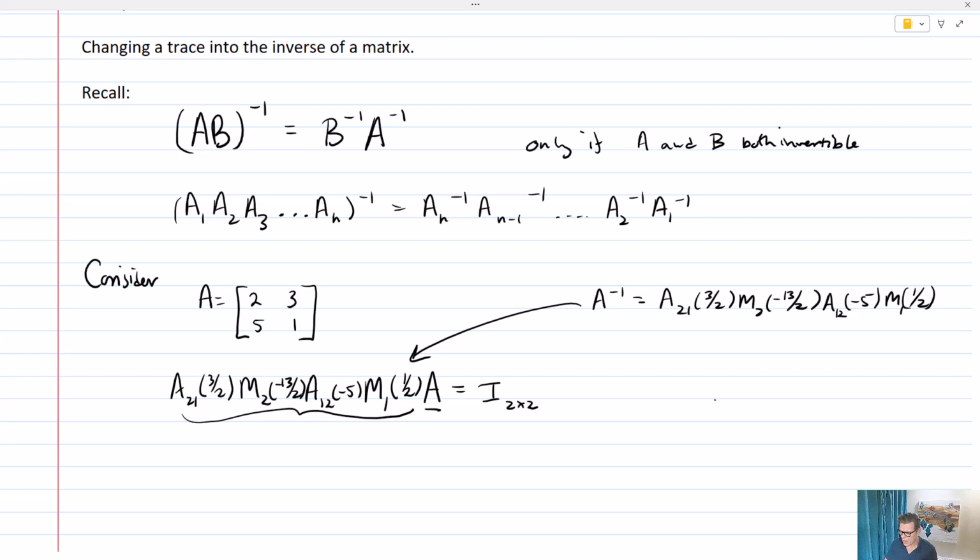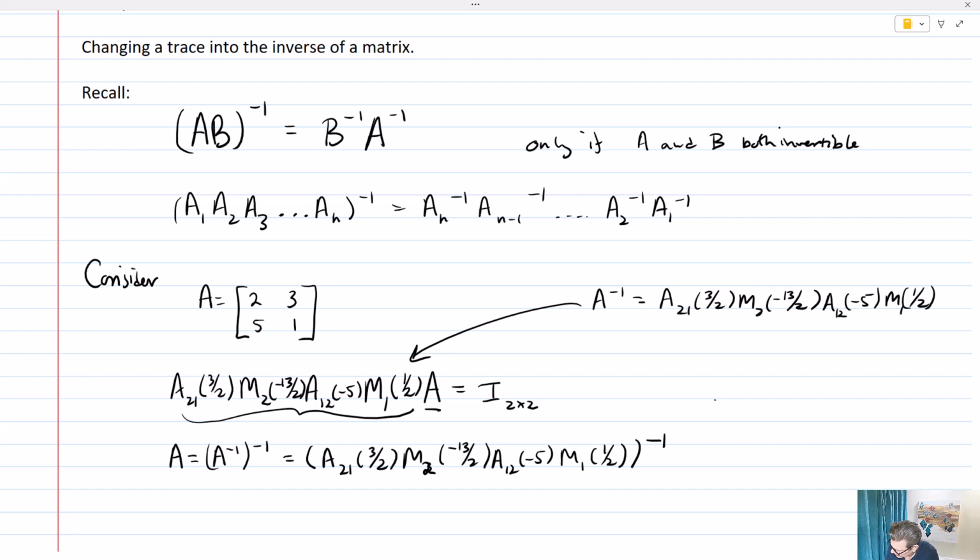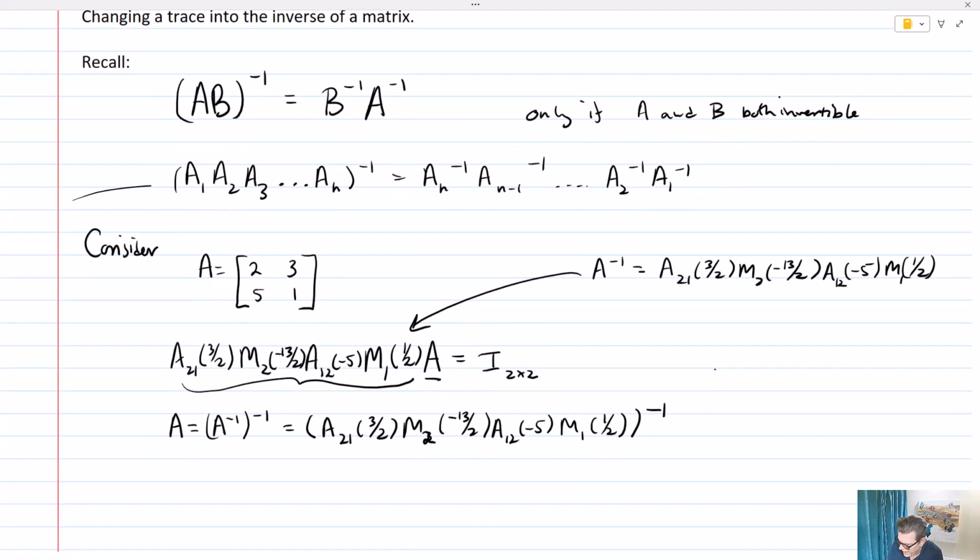What about finding A? What is A going to be? Well, A actually equals A inverse inverse. So that means that's A21 3/2, M2 negative 13 over 2, A12 negative 5, and M1 1/2, inverse. We're going to utilize this fact right here.